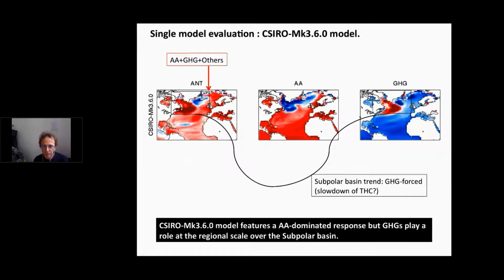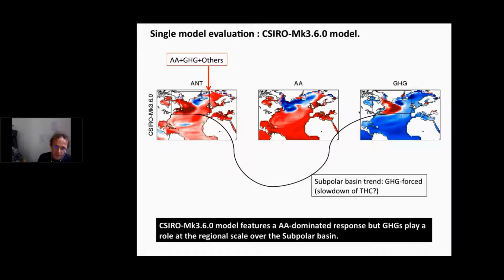In order to have a better understanding as to why models cluster, we can look at individual models. This is very interesting because then we can have a better view of how the individual forcings act on one single model, instead of looking at the multimodel ensemble.